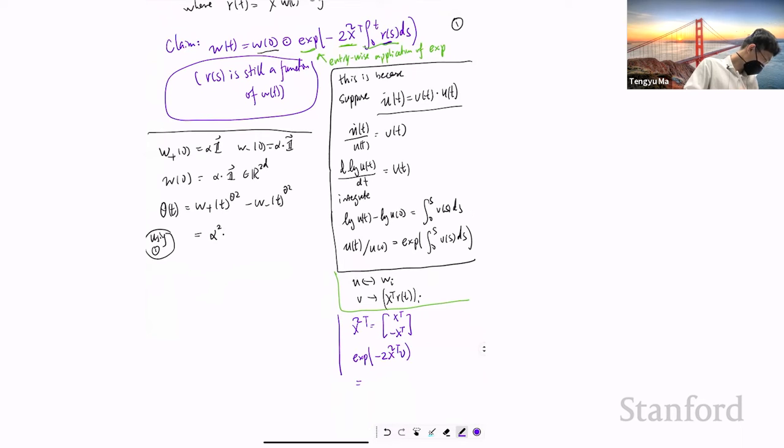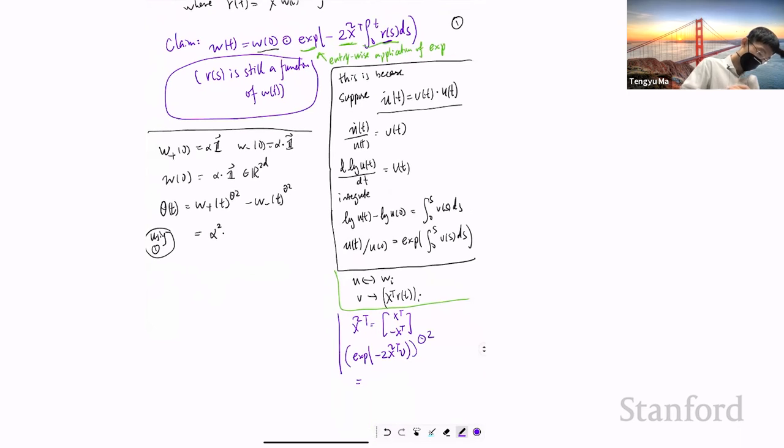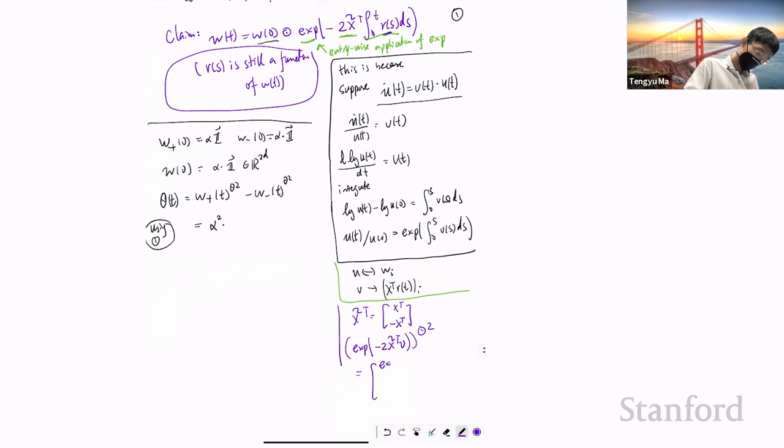Suppose you take this to the power of 2, then this will be exponential of minus 2x transpose v, because this part is from the first part, and exponential of minus times 2x transpose v, and then to the power 2.